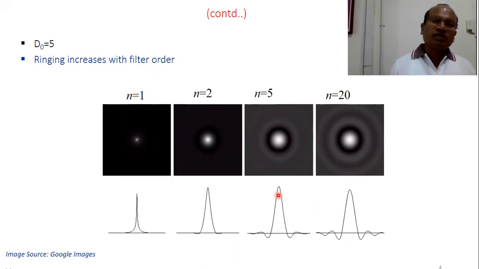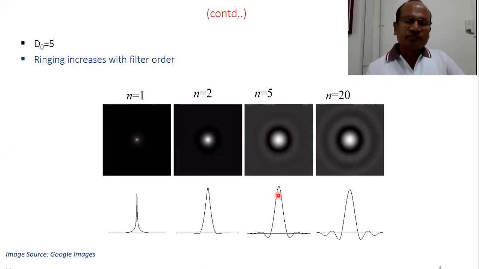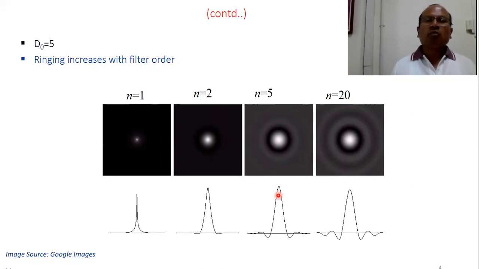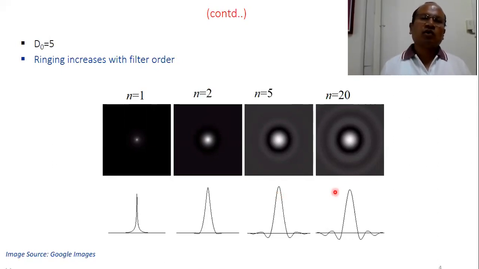But in Butterworth, there is one more factor called filter order. When you fix a certain cutoff distance, we get a certain output. But after fixing the cutoff distance, when we change the filter order, for lower filter order the ringing effect is very less. But when we increase the filter order, more ring-like structures are seen in the output, which is called the ringing effect, which is unwanted.